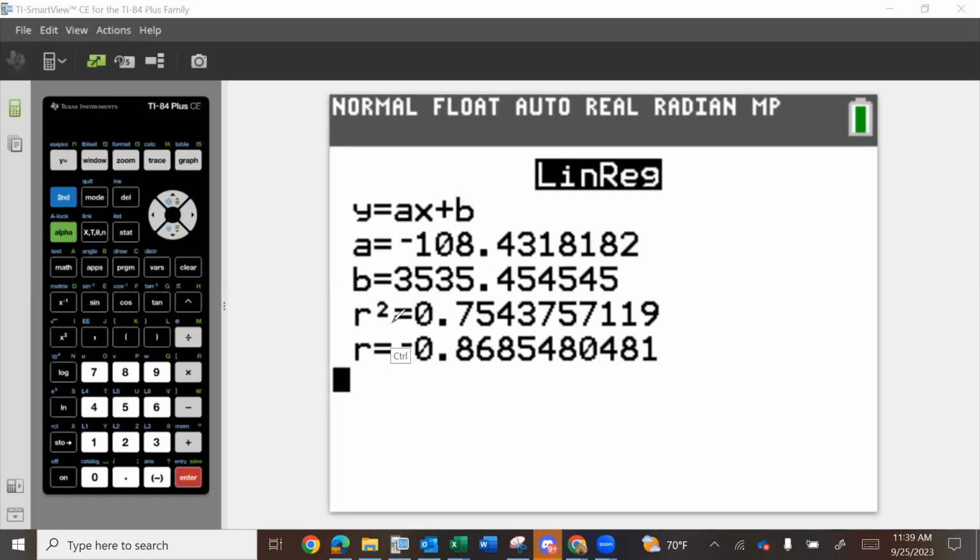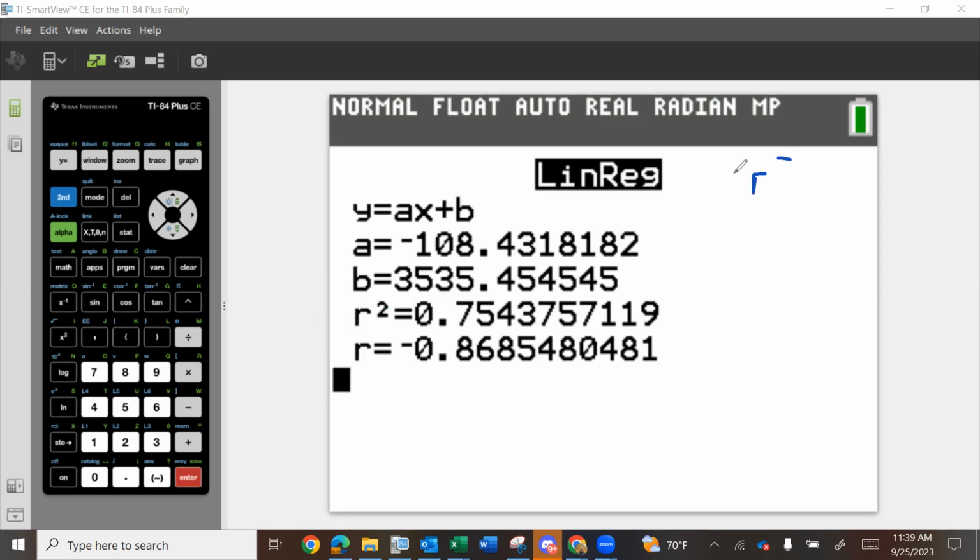The r and r squared tell you how closely this equation is going to fit those points on the scatter plot that we saw already. As we go through this, you'll notice that they all use r squared, but some of them don't use r. So we're just going to use r squared, and that'll suffice.